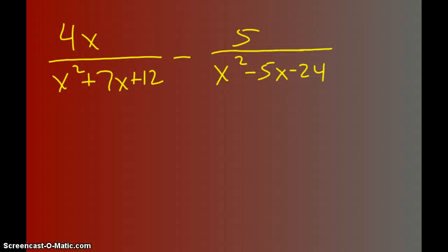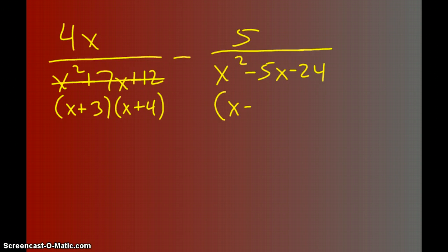At this point in Algebra 2, you've seen so many factoring problems that I really hope you look at those bottoms, and those are becoming almost automatic, that we know we can rewrite those right away. 3 and 4 add to 7 and multiply to 12. So I rewrite my denominator in factored form. X squared minus 5x minus 24, negative 8 and positive 3 will multiply to negative 24 and add to negative 5.